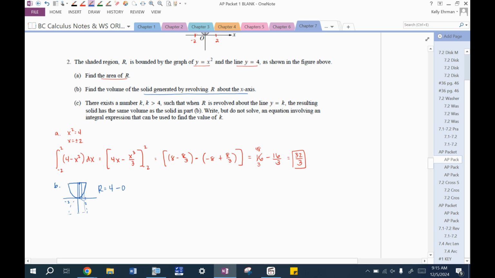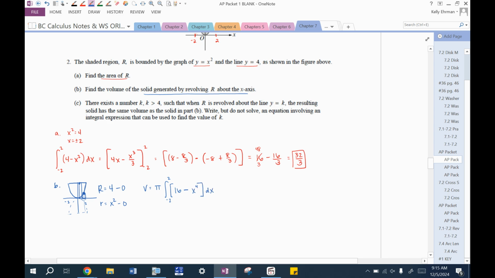So that's capital R, and then lowercase r is connecting the bottom of the parabola to the x-axis. So the bottom of the parabola is x squared. Any part of the parabola is x squared minus 0. And then volume is pi times the integral from negative 2 to 2 of capital R squared, so 16, minus lowercase r squared, so x squared squared, x to the 4th.